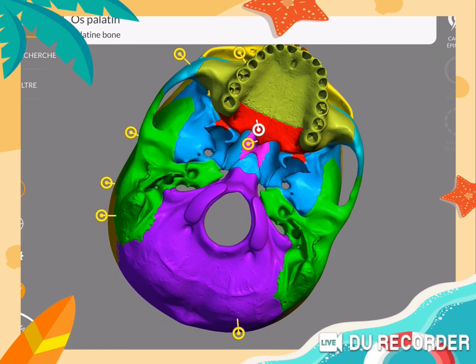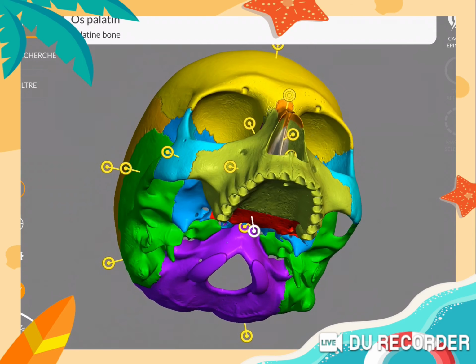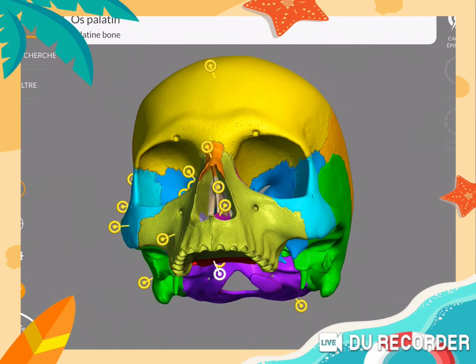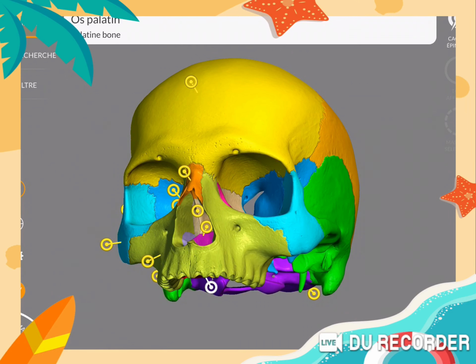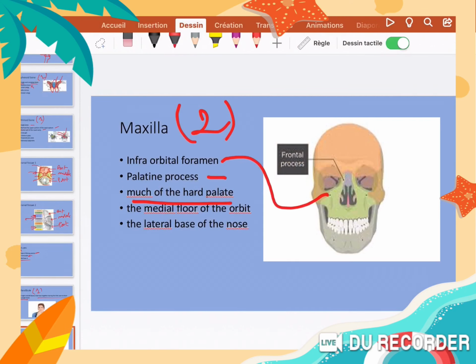We have a hard palate and we have a soft palate. Soft palate is not composed of bones. Okay, maxilla has also, like you see here, these alveolar processes, and the maxilla forms the upper jaw. Okay, so let's return.